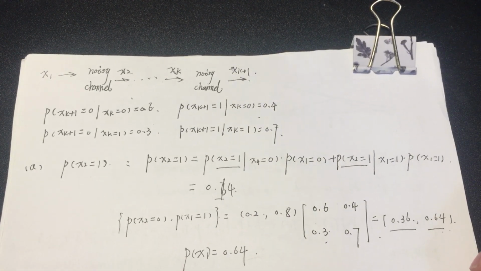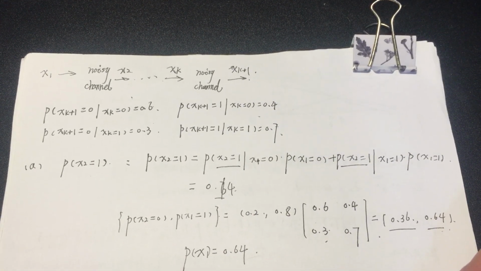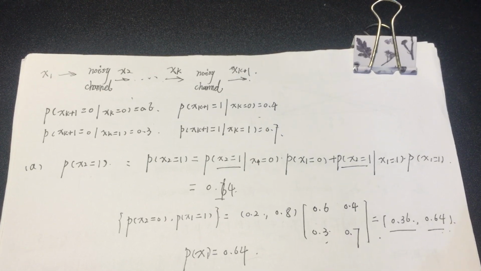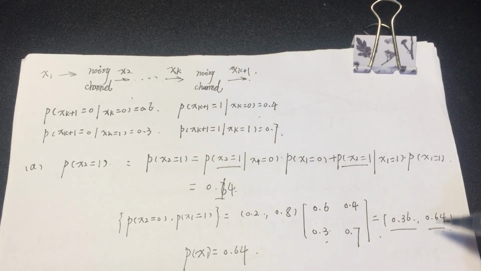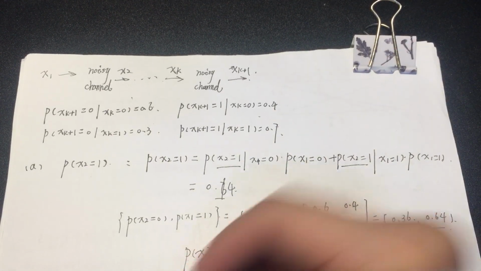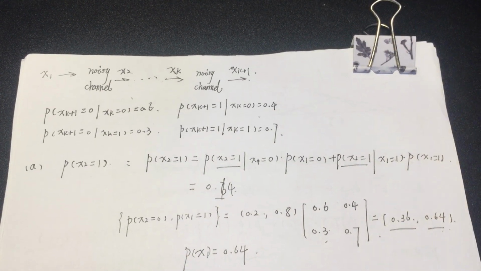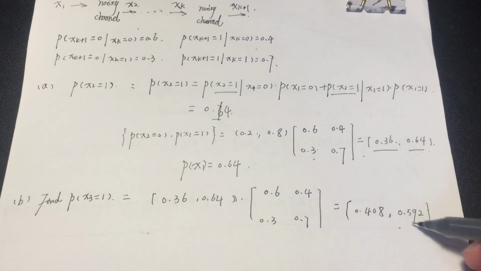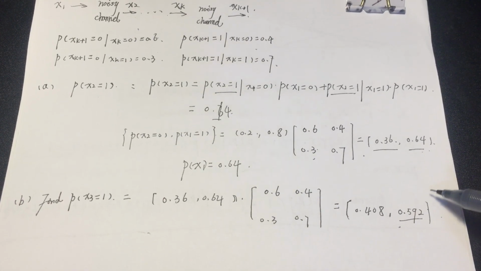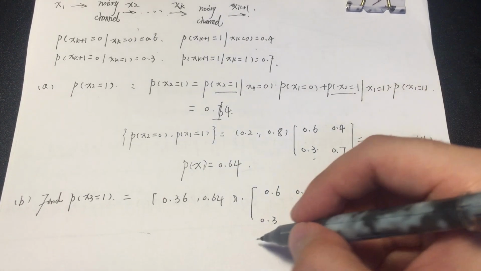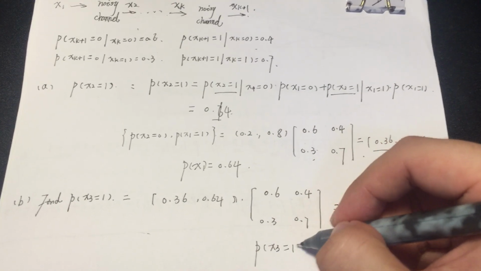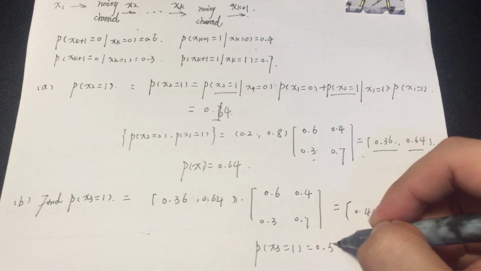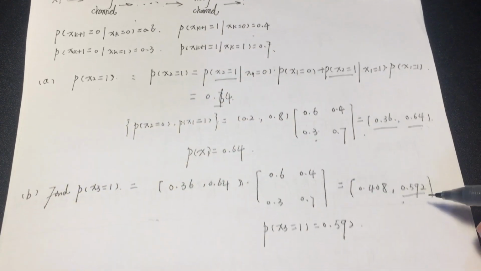I just write the result directly, ignoring the calculation process. So therefore, we know the probability of x3 equals 1 is such a number.